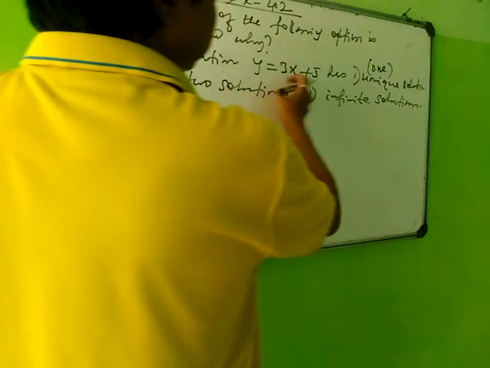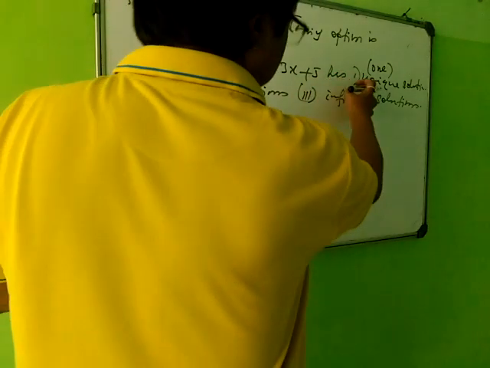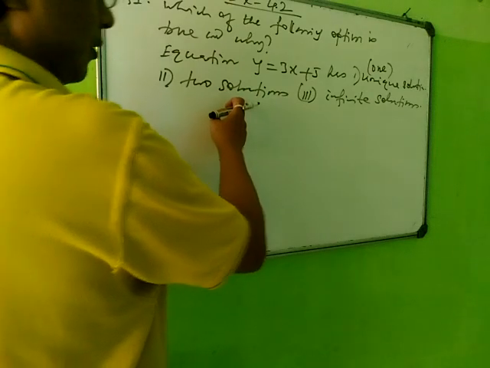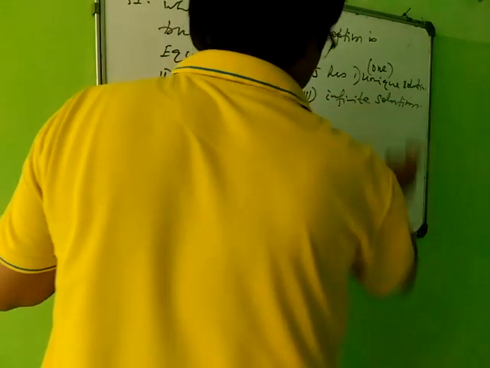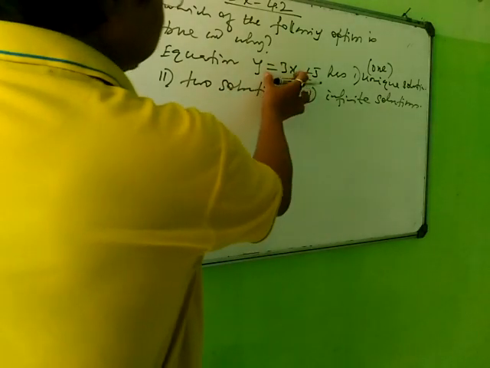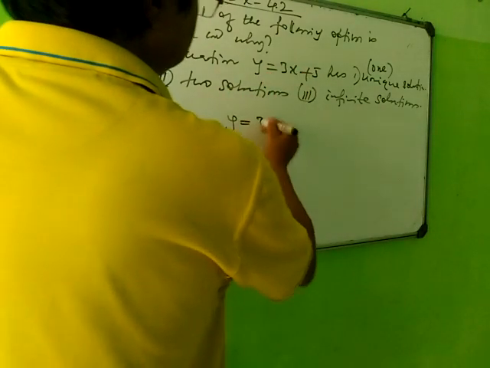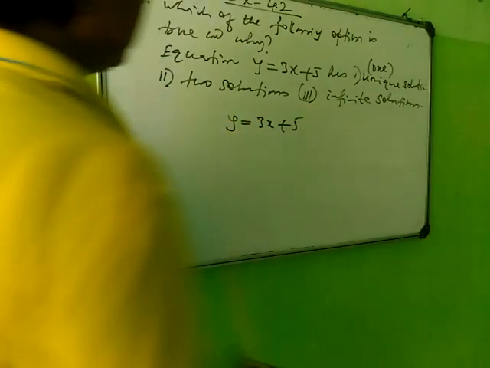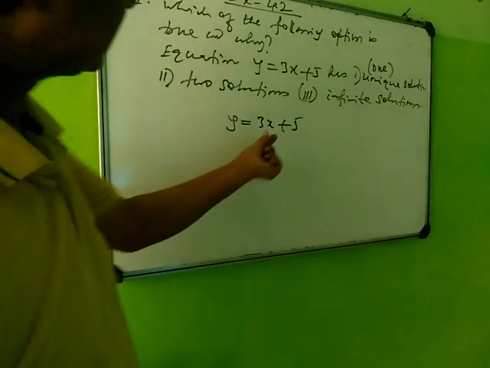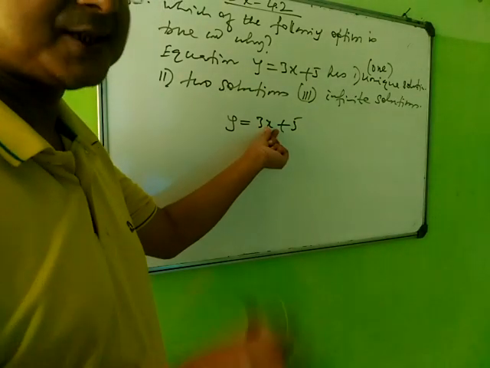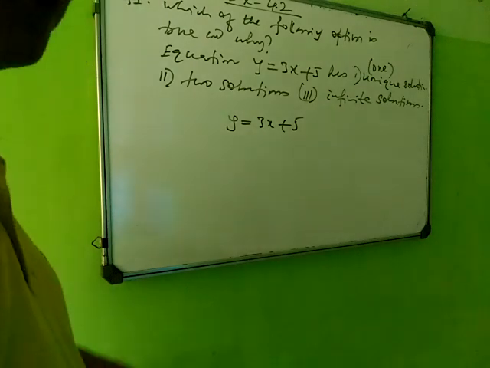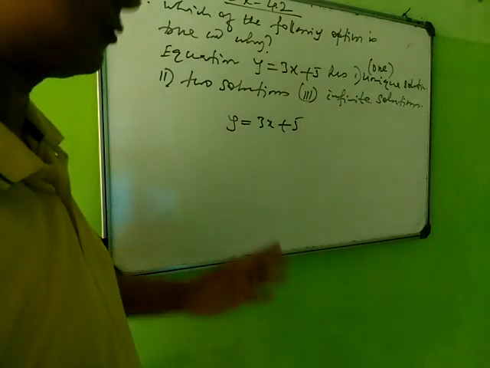Equation y equals to 3x plus 5 has, number 1, unique solution. Number 2, two solutions, or that has got infinite solutions. Now let us just see once. Let us take this equation y equals to 3x plus 5. Now in this one, if you take the value of x, any value, plus 1, minus 1, plus 2, minus 2, plus 3, minus 3, plus 4, minus 4, etc., infinite values.